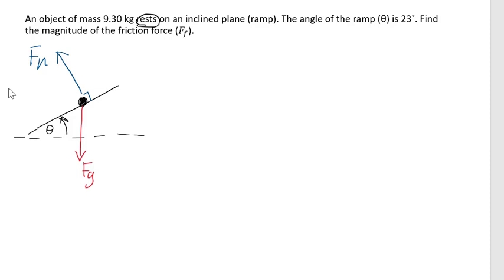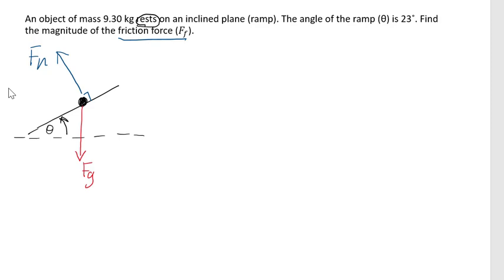We also have friction because we're asked to find the magnitude of the friction force. So we have to decide now which way do we draw the friction. So if you think about the situation, if the object is at rest on the ramp, it's not going to slide down the ramp or move up the ramp. So it's balanced by some opposing force.